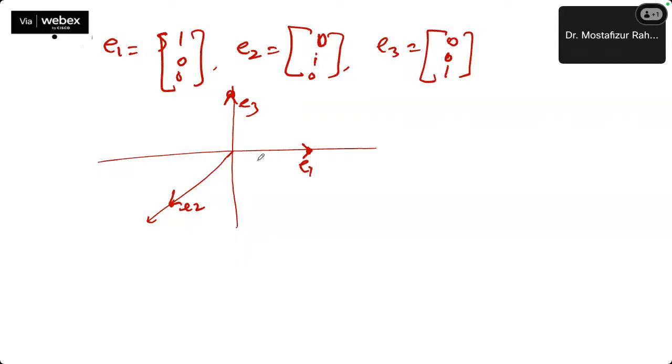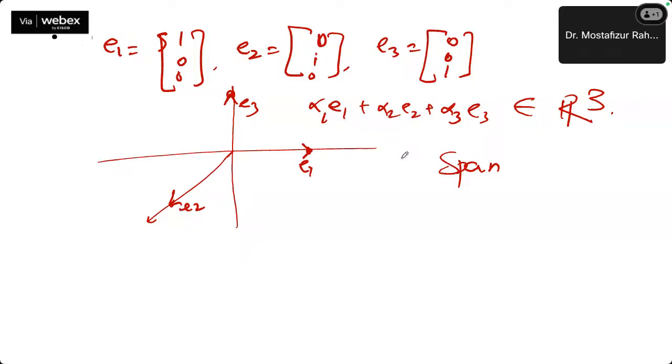If you take the linear combination of all these three, alpha 1 E1 plus alpha 2 E2 plus alpha 3 E3, then you can cover the entire R3. That's why E1, E2, and E3 span the entire R3. So this is the spanning set.